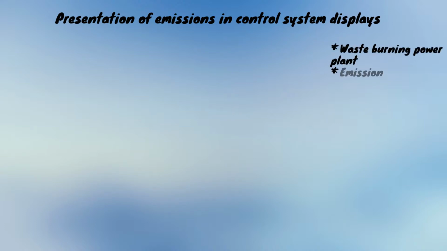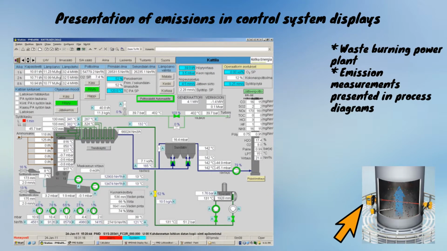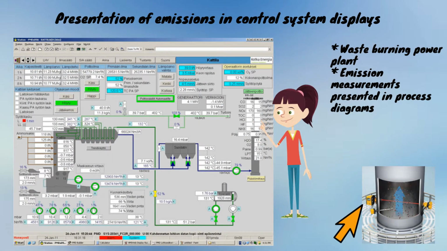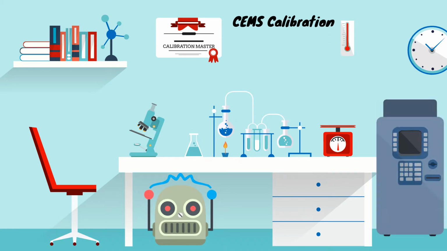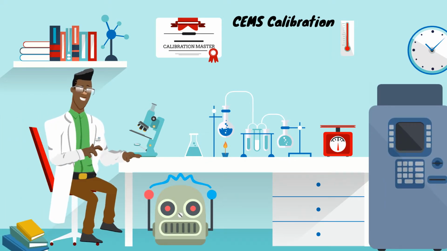Important emission values are measured online in the stack and presented in a process diagram display for operators. Here you see the current emission values.